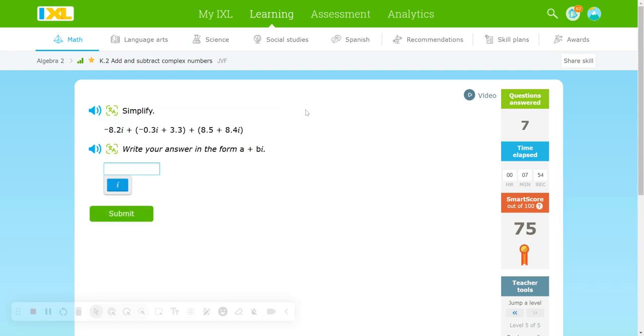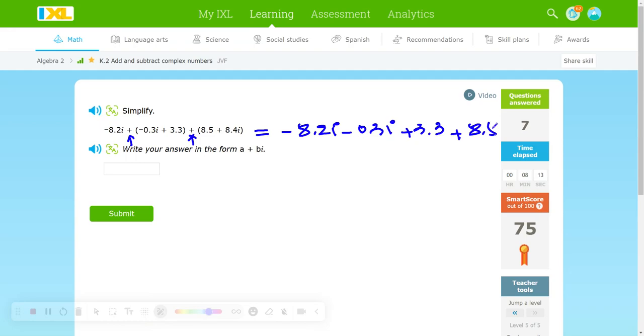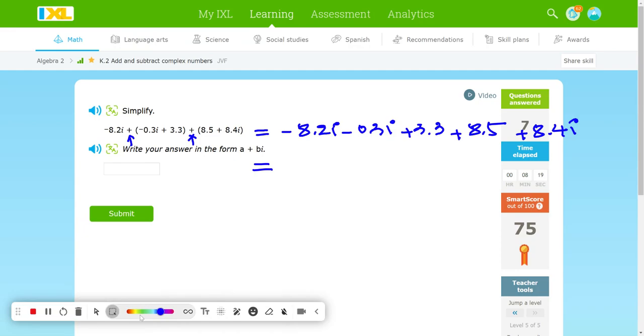They give you decimal numbers, no big deal. Open parentheses first. You see the plus sign in front of the parentheses, so you open, nothing changed. Subtract 8.2i, subtract 0.3i, plus 3.3, plus 8.5, and then plus 8.4i. Now number first.